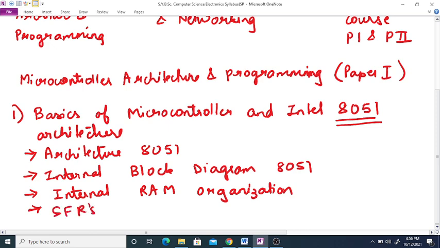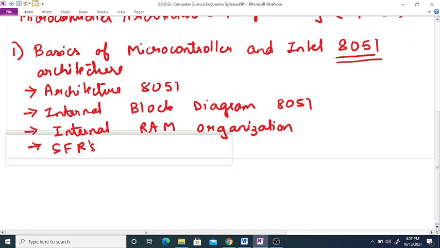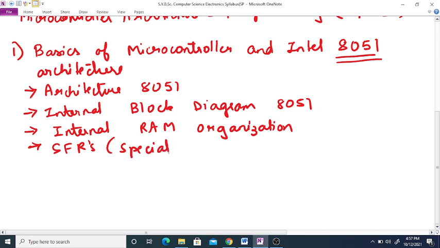Now SFRs are nothing but special function registers. SFRs are special function registers.